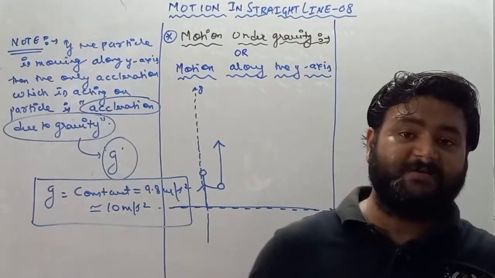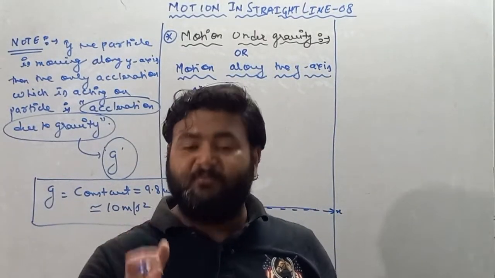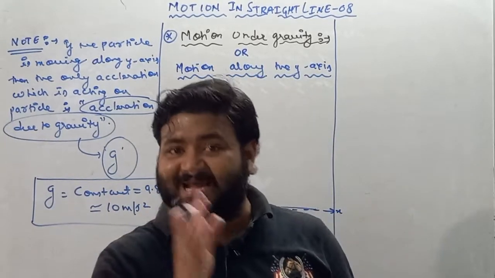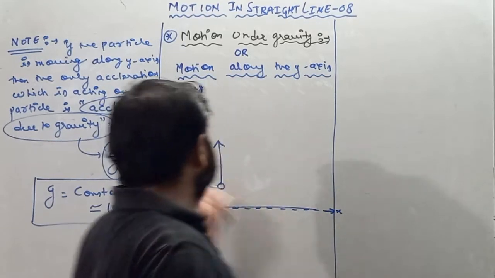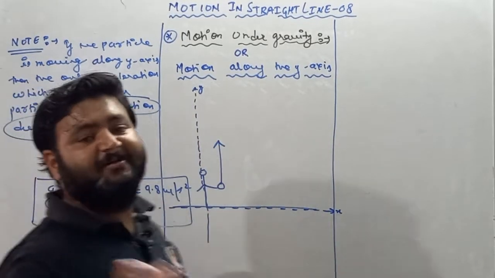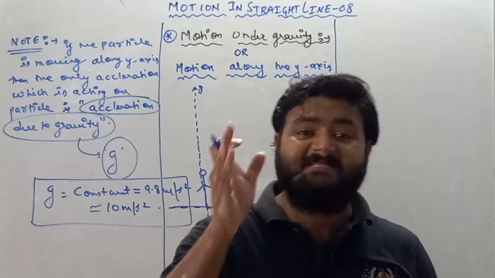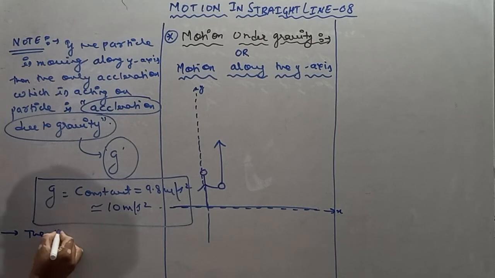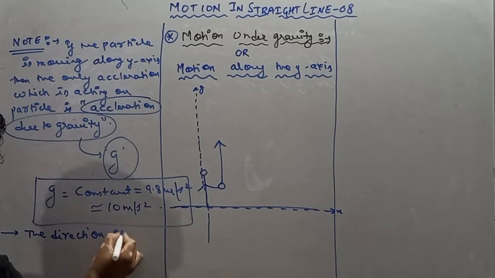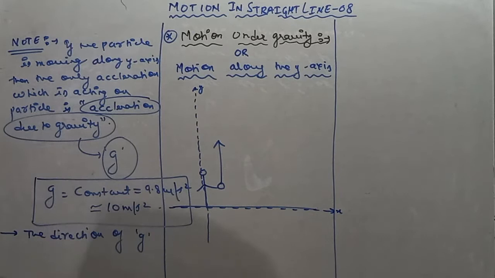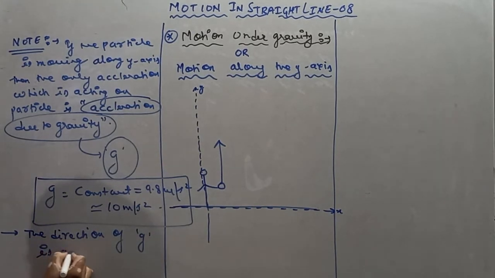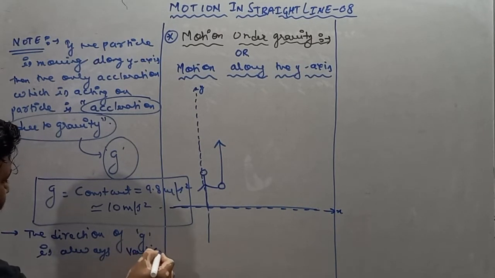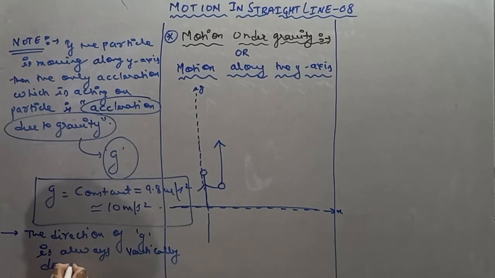The direction of acceleration due to gravity, that is g, is always vertically downward.